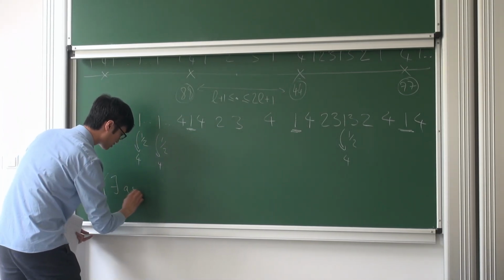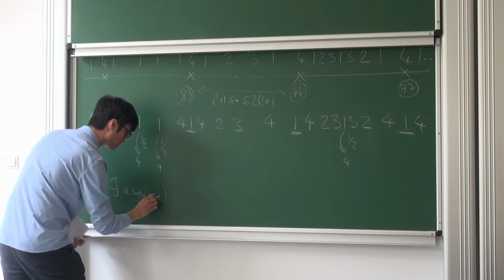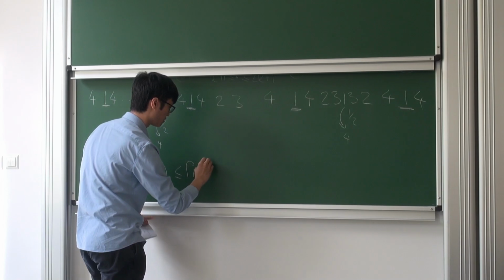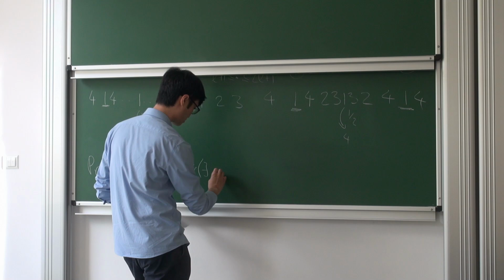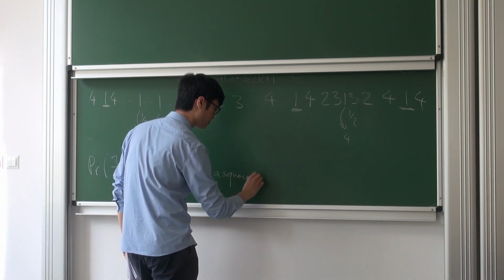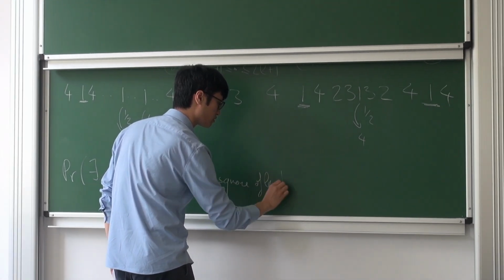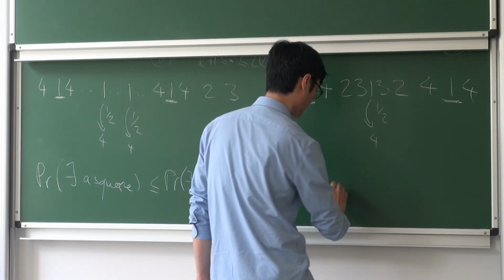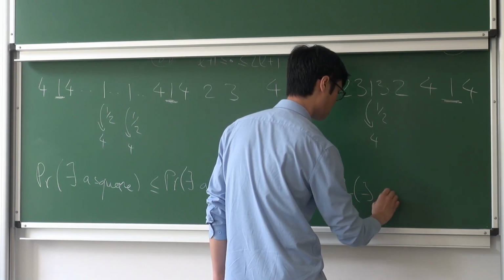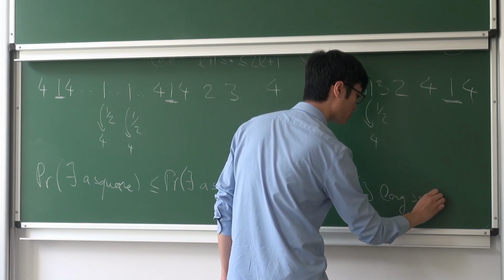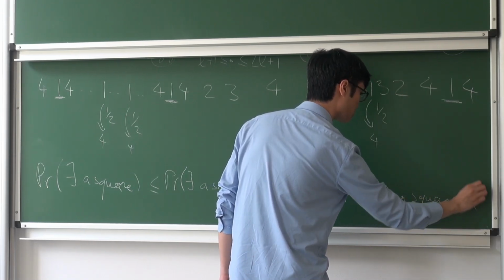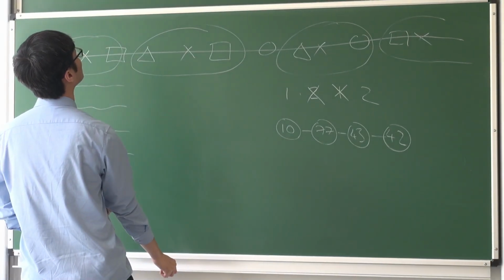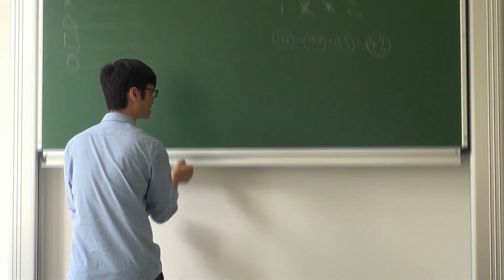So the probability that there exists a square in my word is at most the probability that there exists a short square, which I mean length at most L, plus the probability that there exists a long square.